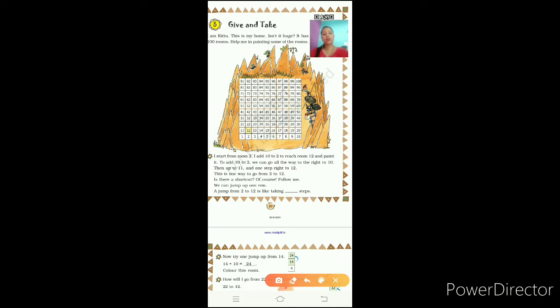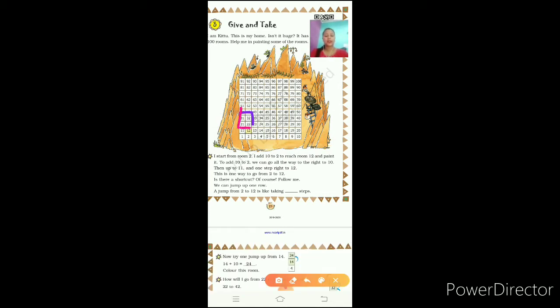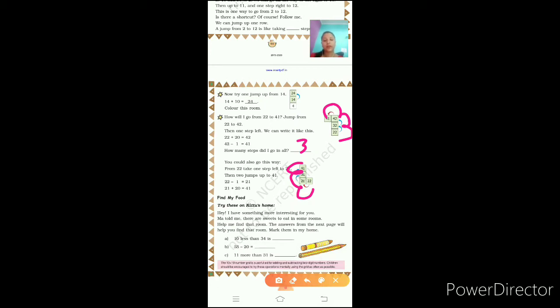You can go from 22 to 32, then 42, then 41, or you can go from 22 to 21, then 31, and then 41. In 3 steps you can reach there.